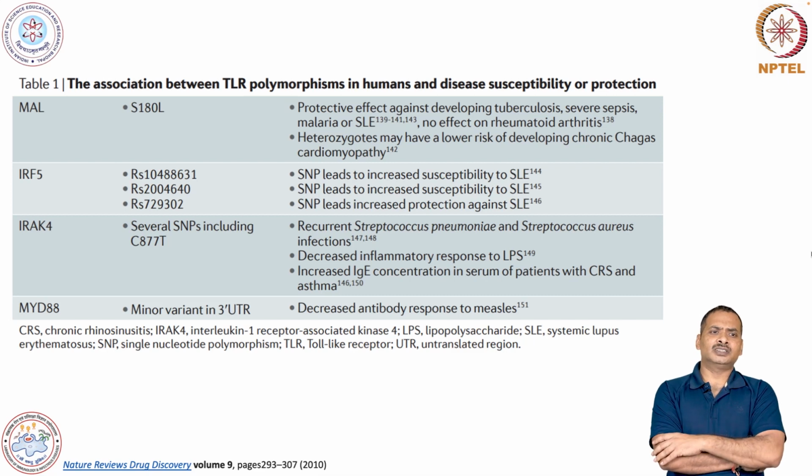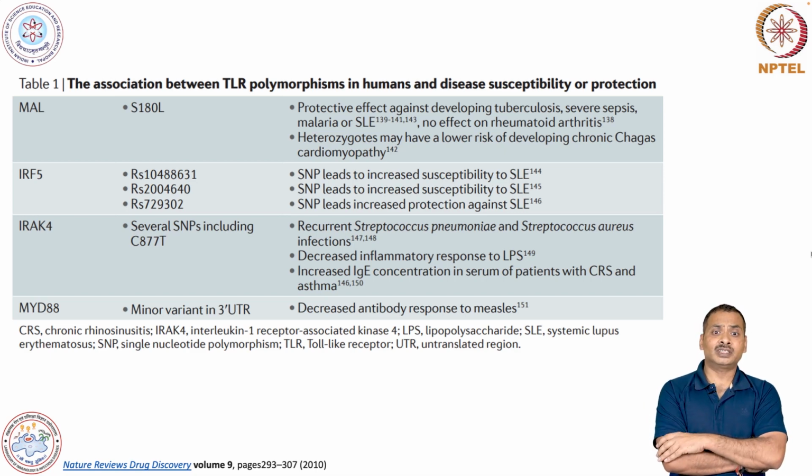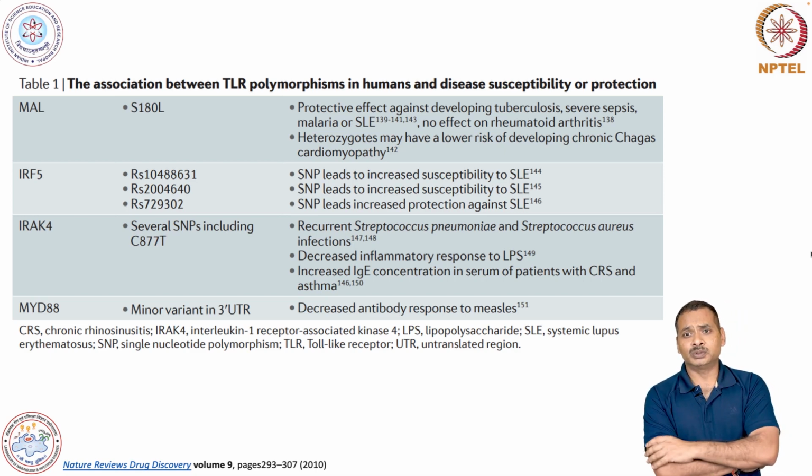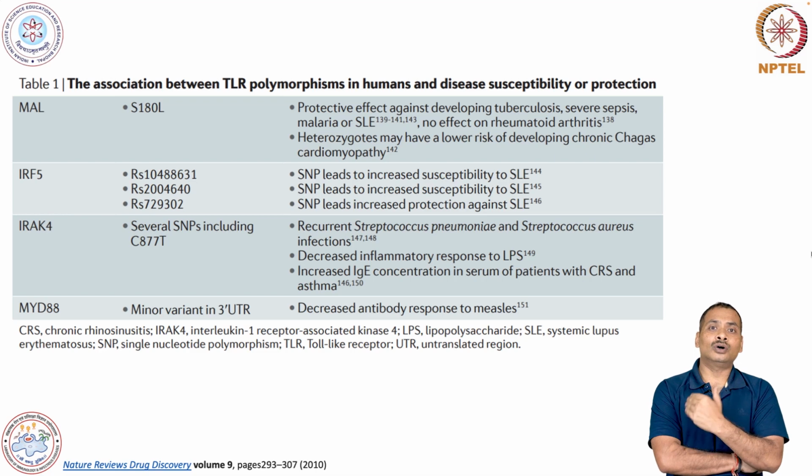One is that you can see a serine amino acid which is replaced by leucine at position 180, and this mutation shows a protective effect against developing tuberculosis and severe sepsis, malaria or SLE.